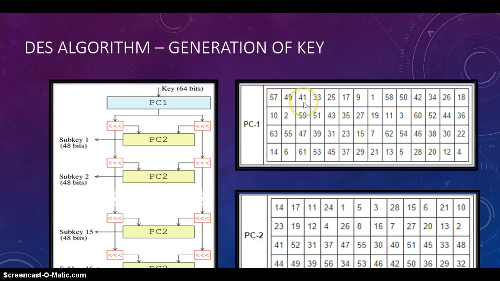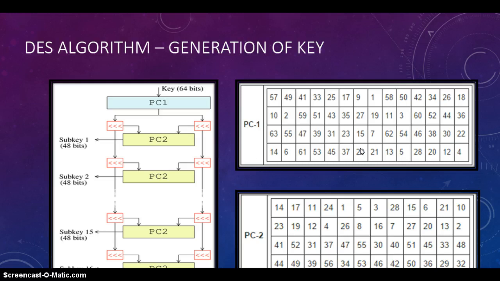In the third position, the bit number 41, and so on. And our last bit is going to be bit number 4 of the 64-bit key. It's important to know that our permuted key is going to have only 56 bits because the table only has 56 entries.